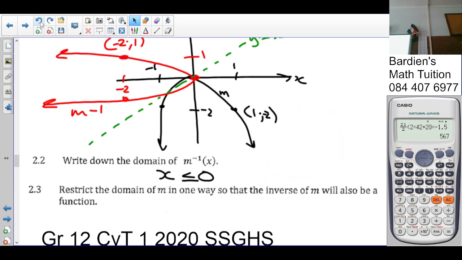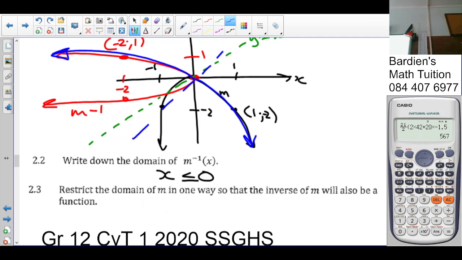So how can we restrict the domain so that the inverse becomes a function? Firstly, restrict the domain of m, so its original. Either I take this part into account, which will result in that inverse being a function, because it passes the vertical line test.